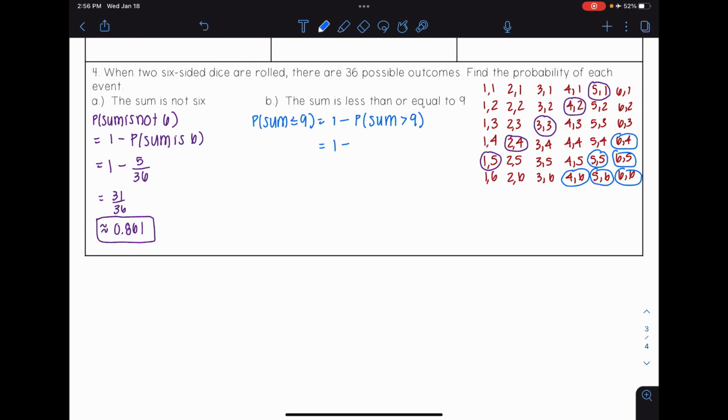Those are all of my options, so that is 6 favorable outcomes, so I have 6 over 36. And when I subtract those, I get 30 over 36, which when you divide means that the probability here is approximately 0.833.